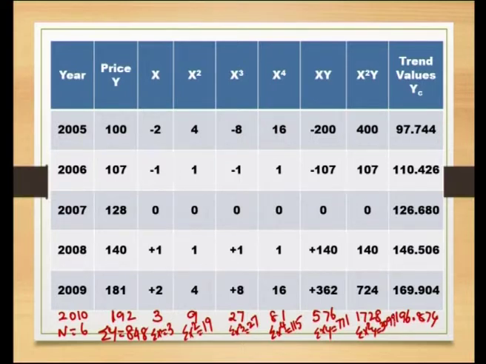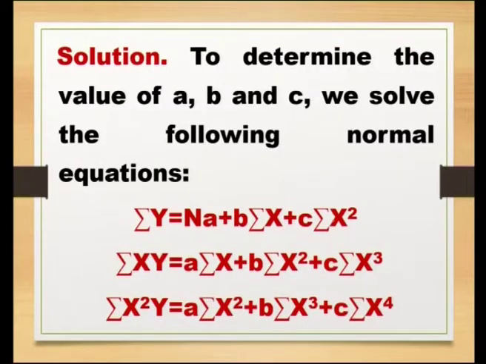3099. Okay. Now, we will substitute these summation values in the normal equations. Summation y is substituted as 848, summation x as 3, summation x square as 19.